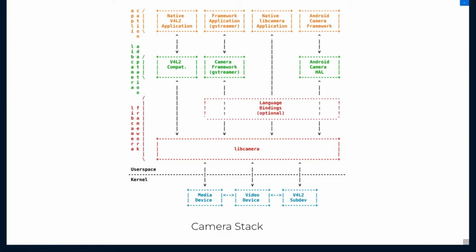Okay. So here is the entire camera stack, a bird's eye view. You can see the kernel space already has a media device, video device, and V4L2 subdev. Libcamera will interact with and abstract all of this for applications. We have a V4L2 compatibility layer, so existing applications can work on it. We also have a GStreamer element that it can use. As of now, we don't have language bindings, but there is a discussion going on, and we would start with Python.